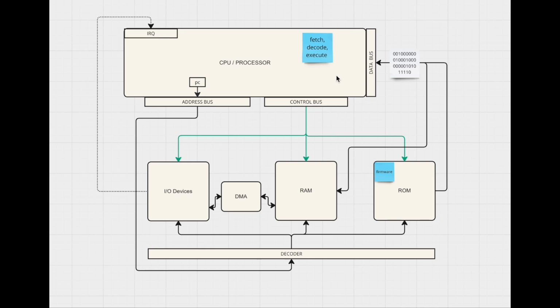Now in the CPU, we have also a couple of components. We have things like the cache, the different types of cache. There's the L1, L2, and in some modern CPUs, there's even the L3 cache nowadays. We have registers where we can store values while we are executing an instruction.